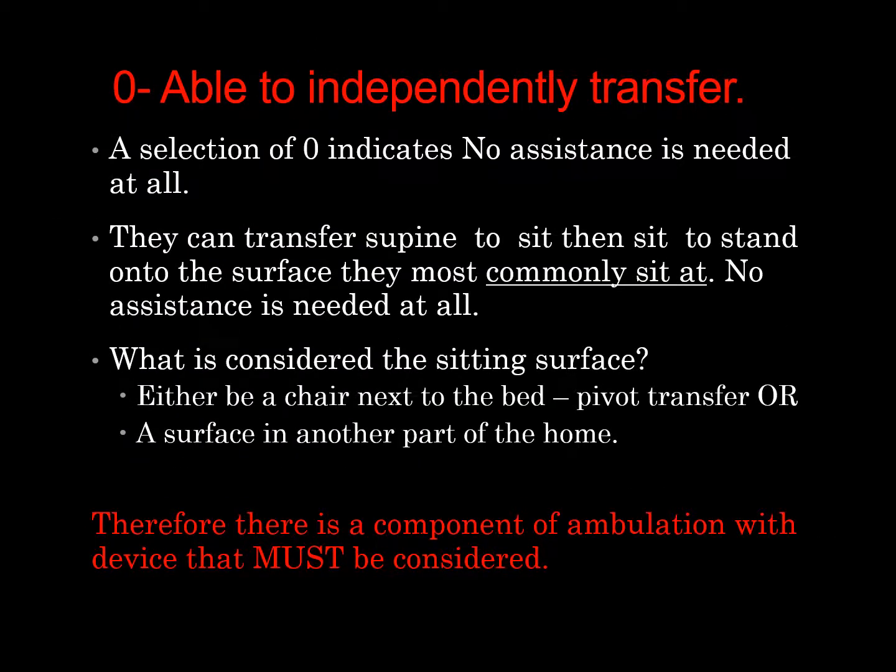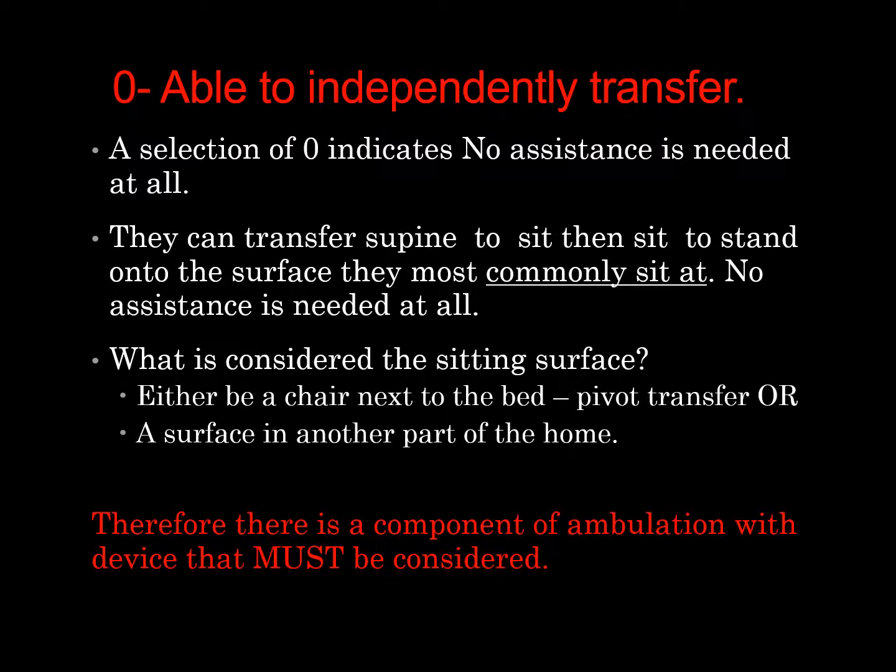So let's take a look at how you would score 0. 0 literally means there is no help whatsoever. You didn't speak to them, you didn't have to help maneuver something for the patient, and they didn't need any physical help whatsoever. This patient literally was in bed and could go supine to sit, not having any issues with medical restrictions, not any issues with falling off or being near the edge of the bed.